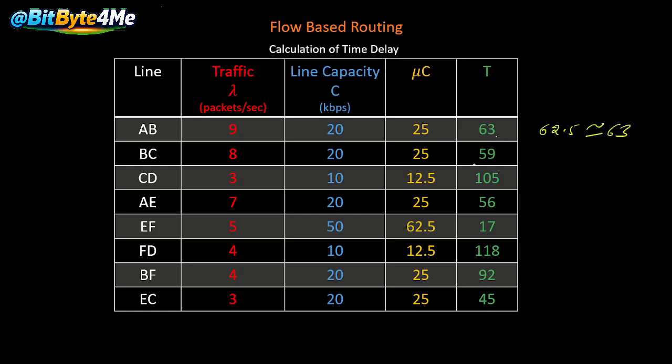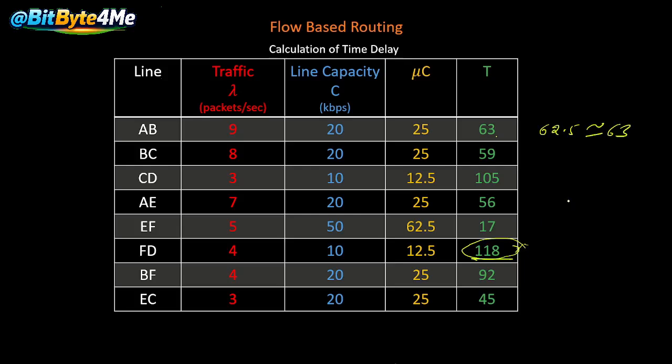Now the time delay from A to B is 63, then B to C is 59, C to D is 105, and the highest delay is between F and D. So we have to consider these time delays along with the topology, along with the shortest route. If the shortest route is taking more time, the delay is more, then we can take the second shortest route or third shortest route where the traffic is less.